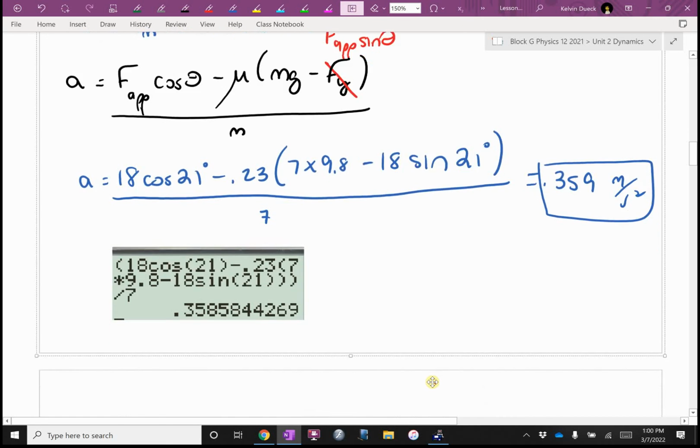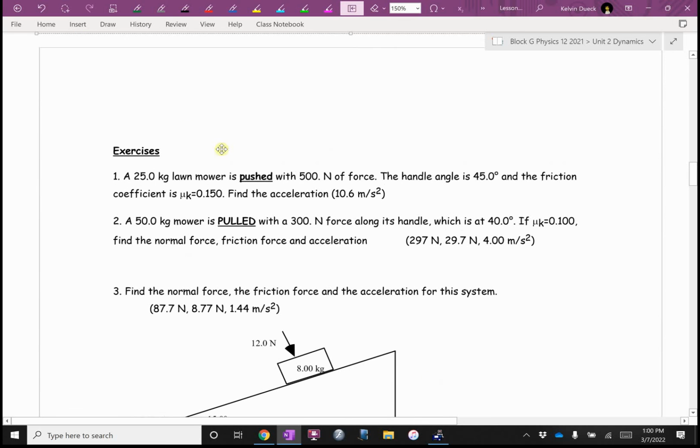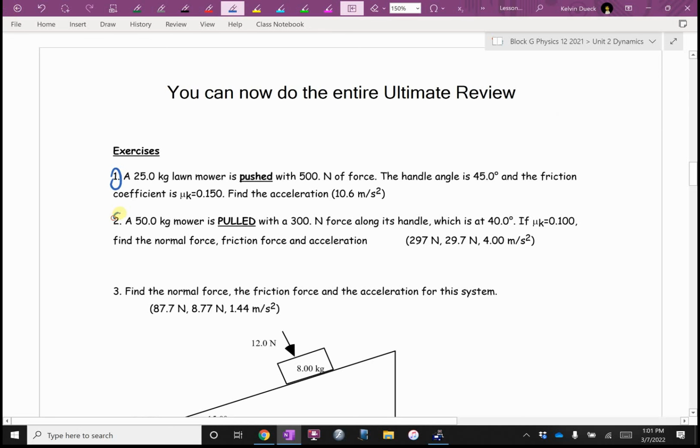Okay. What's your homework? A couple lawnmower questions. First of all, technically every question from there is fair game. 1 is good, 2 is good.